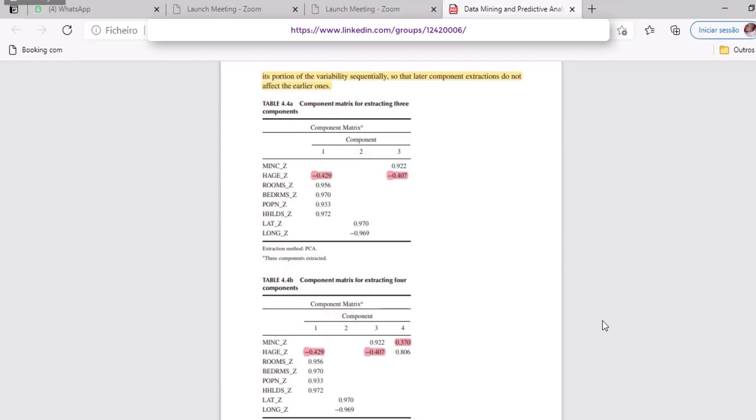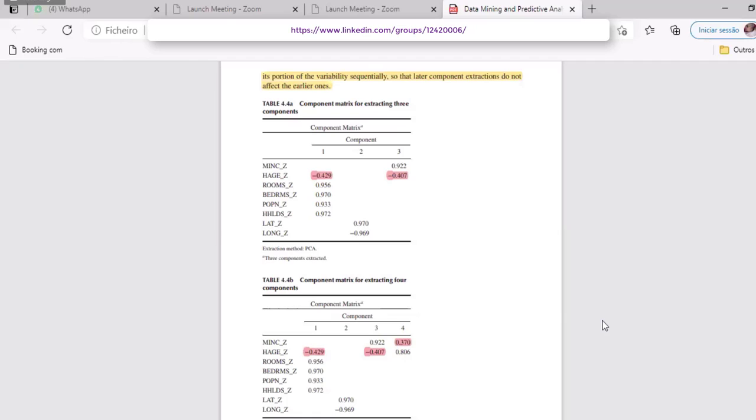Here we can see that in component matrix 1, there is the correlation between the variables and the components. For component 1, we can see that room size, population, and households have high correlation with the component, but this one has a negative low correlation, less than minus 0.5.